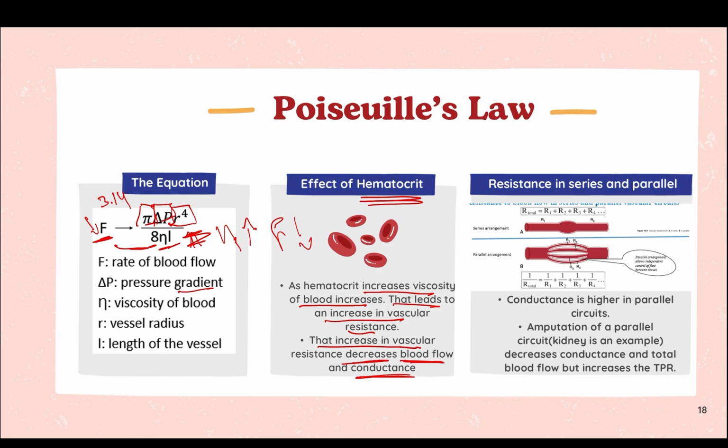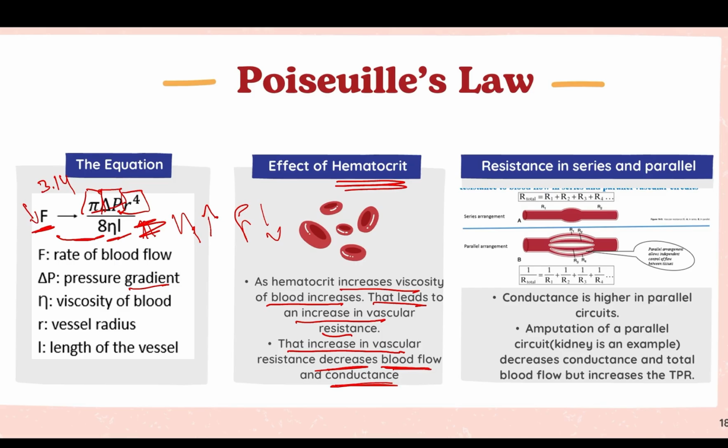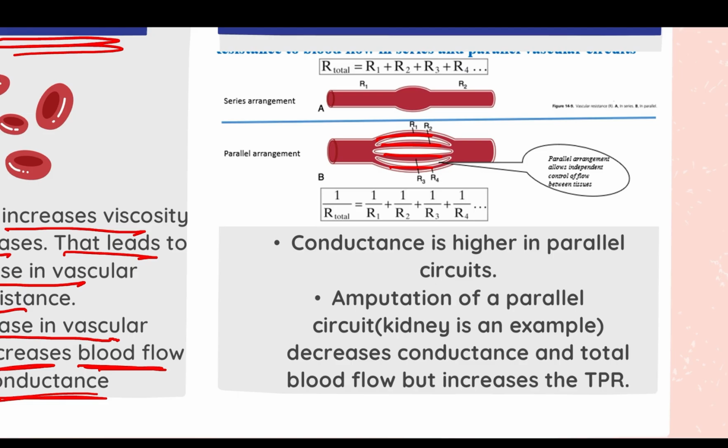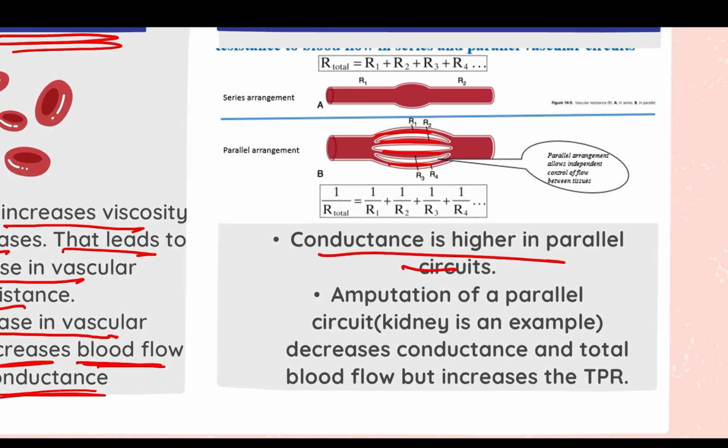Now, when is conductance higher? Here we have a parallel arrangement of vessels, whatever they may be. The conductance is going to be higher in it because the resistance is going to be much lower. C total equals C1 plus C2 plus C3, and so on.